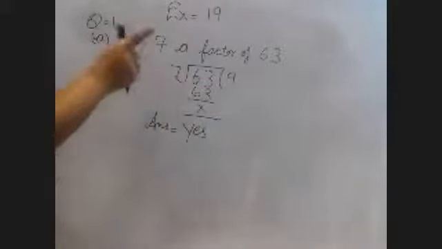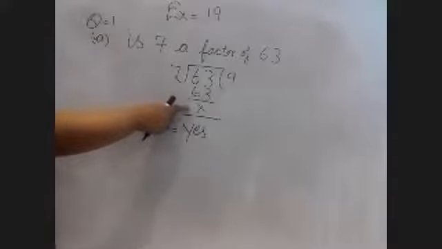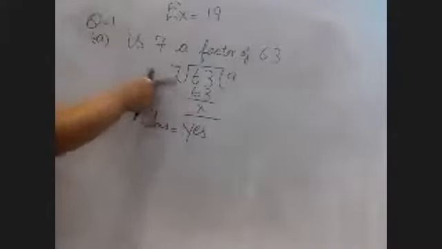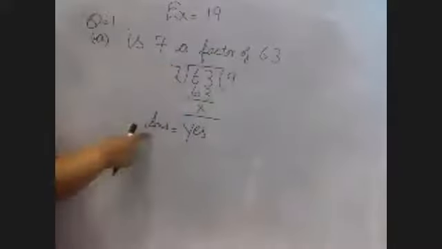Our remainder is 0, and it means 7 is a factor of 63. So your answer is yes. This is part A of question number one. Clear, friends?